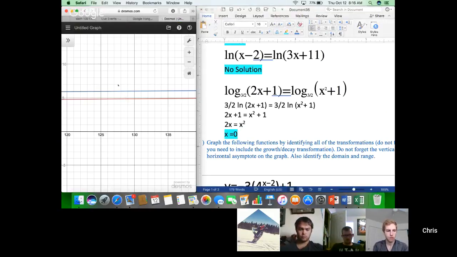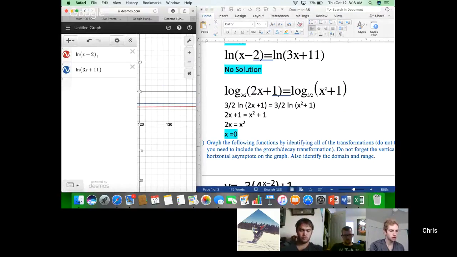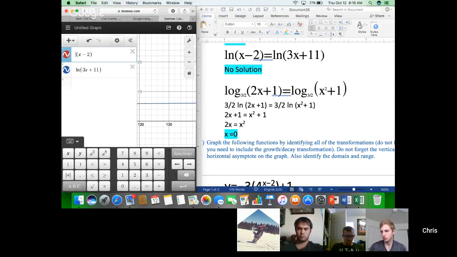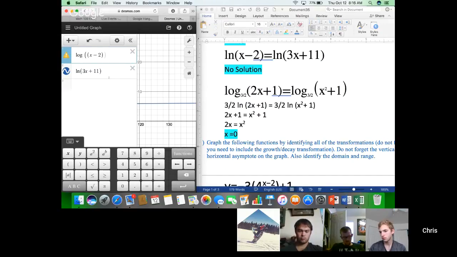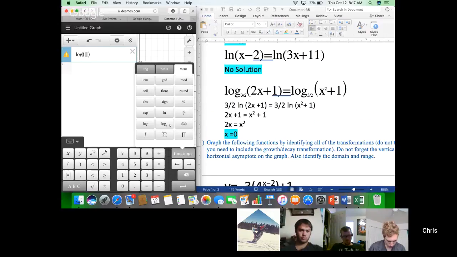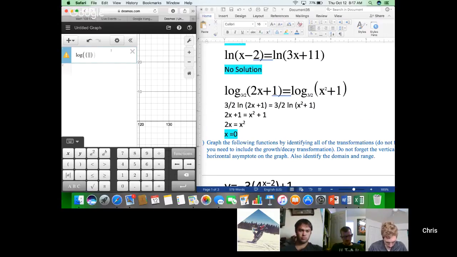We can check in this graph to make sure. Anyway, I think that's what it's supposed to be.